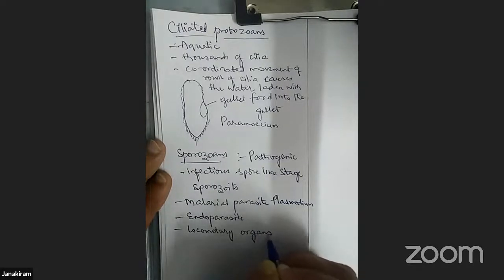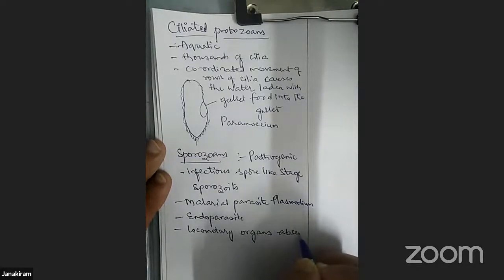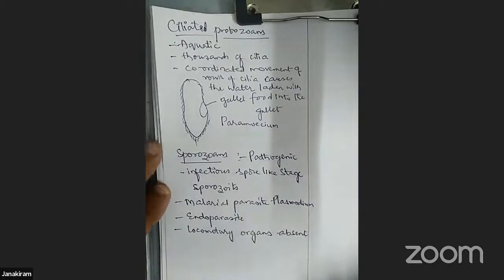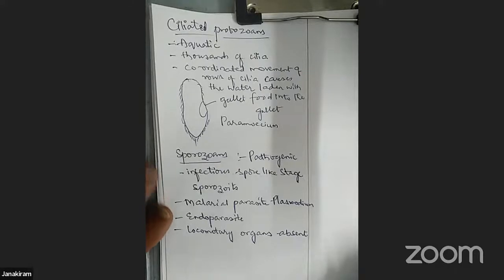Locomotory organs are absent in them. So these are the four groups of protozoans: amoeboid protozoans, flagellated protozoans, ciliated protozoans, and the sporozoans. Okay, and let us discuss the other kingdoms, that is kingdom Fungi, Plantae, and Animalia, in the next class.